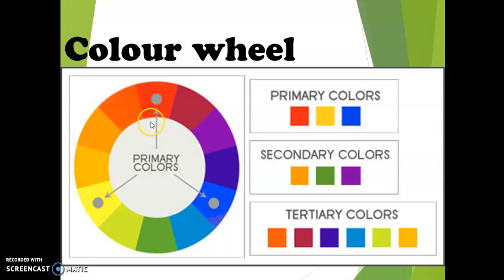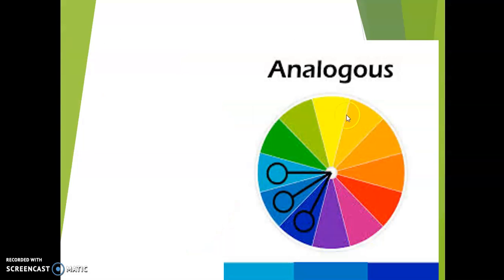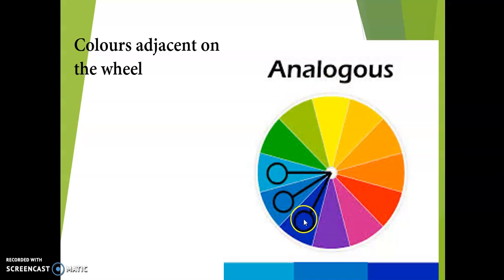From this wheel, we can also take out two color schemes which are known as harmony and contrast. Another name for harmony is analogous colors. These colors are adjacent on the wheel, side by side.